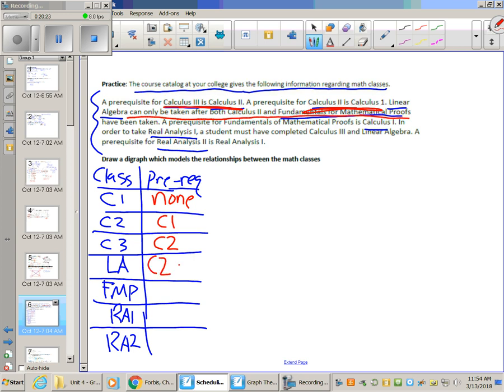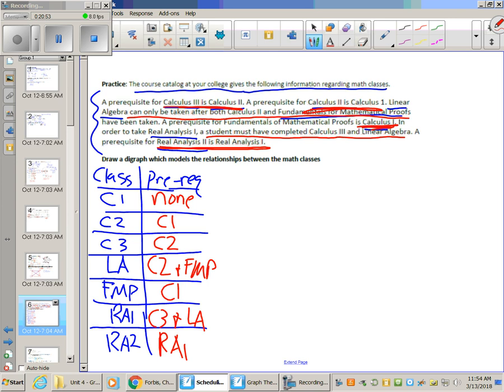So Calc 2 and fundamentals of mathematical proofs. Well, how do you take fundamentals of mathematical proofs? You have to take Calc 1. And in order to take real analysis 1, a student must have completed Calc 3 and linear algebra. Calc 3 and linear algebra. And lastly, in order to take real analysis 2, you've got to take the first one, so RA1.